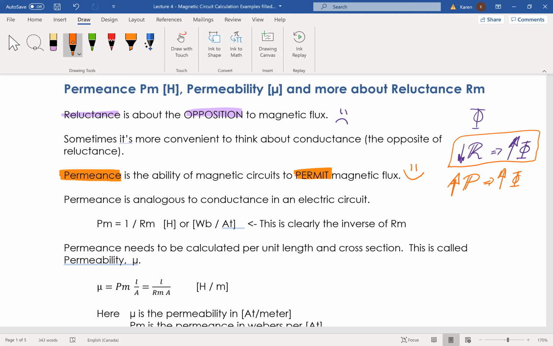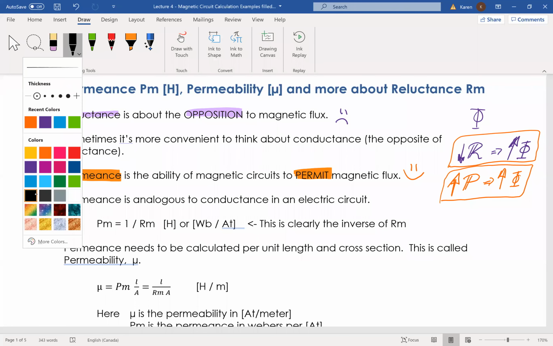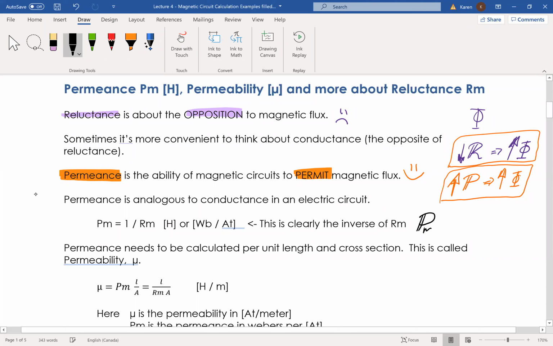And permeance is how permeable it is, so how much you can make magnetic flux happen. So then we have this important equation that they're just the inverse of one another. So magnetic permeance is just 1 over reluctance. Permeance is just 1 over reluctance.